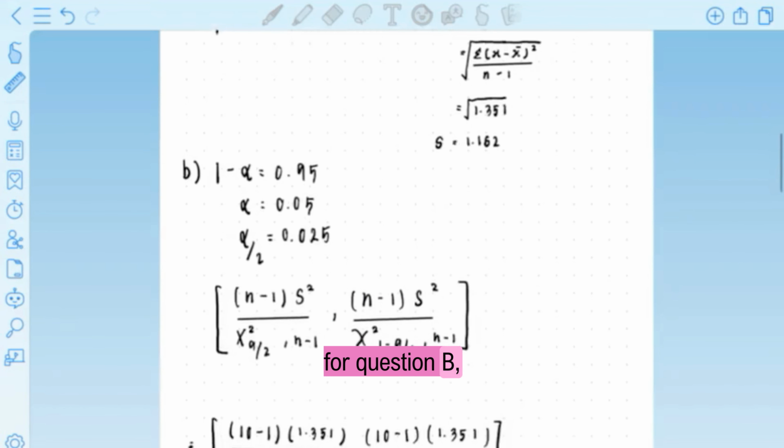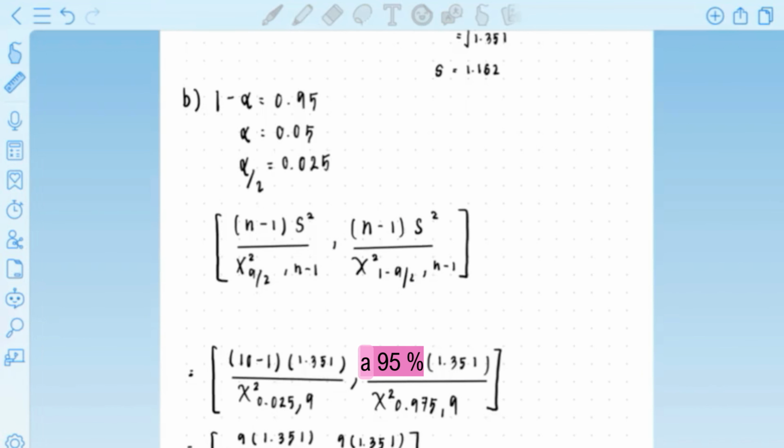So for question B, we need to construct a 95% confidence interval of the population variance. So the first step is we need to find alpha over 2. We're given that 1 minus alpha is equal to 95%. So we solve for alpha and we get alpha is equal to 0.05. Thus alpha over 2 is equal to 0.025.